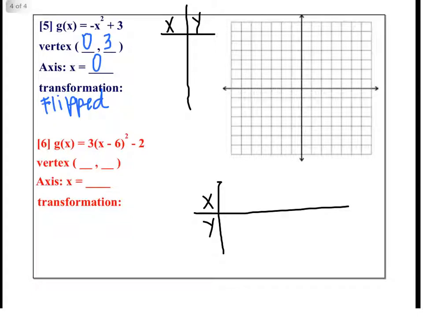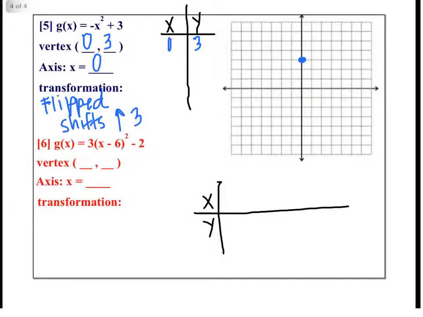And then that plus 3 shifts it up 3. And as for the transformation, maybe you have to graph it to help you see how it's transformed. Maybe you can tell from the equation. We want to be able to do both. So I know 1 point for sure, that's my vertex at 0, 3.